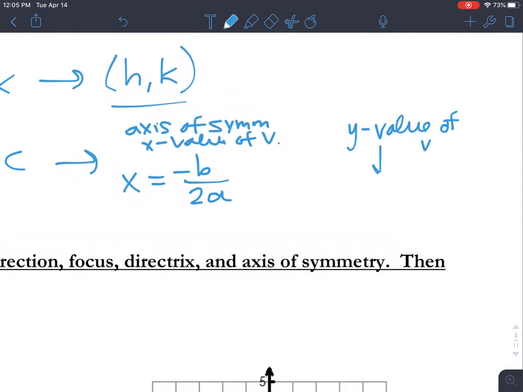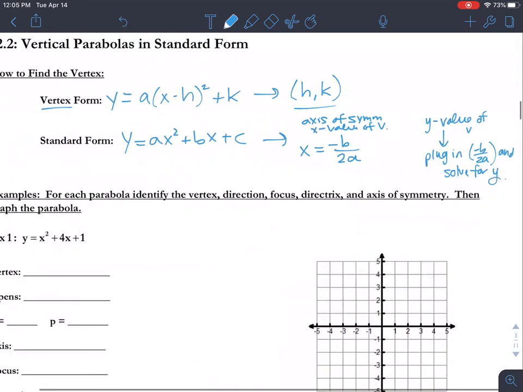You're going to plug in negative b over 2a and solve for y. So, jot that down. Most important thing you've got here, negative b over 2a, and then we're going to plug it back in.